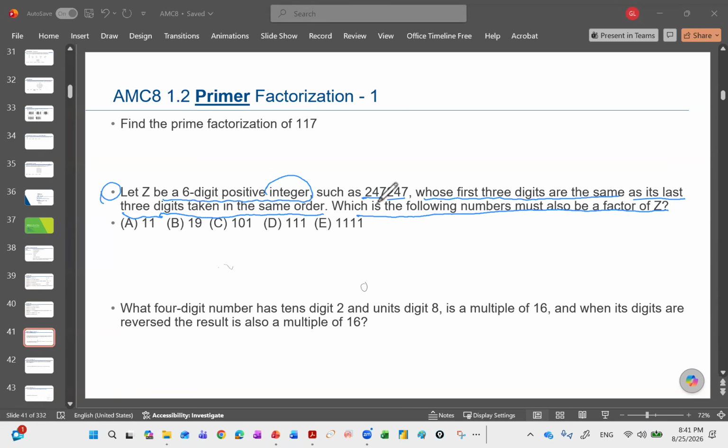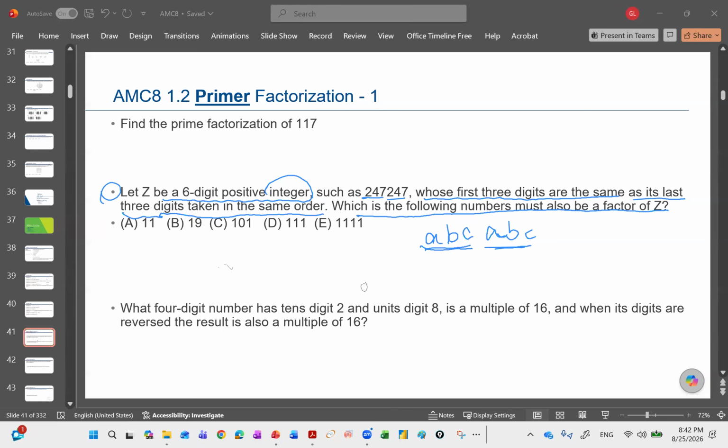This is just an example. Suppose the number is ABC, ABC. Each position is a 1-digit number, right? It's a 6-digit number, the first 3 and the last 3.